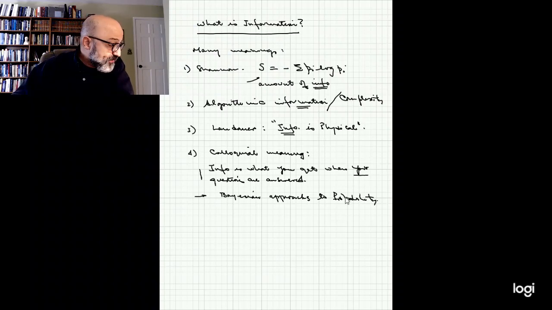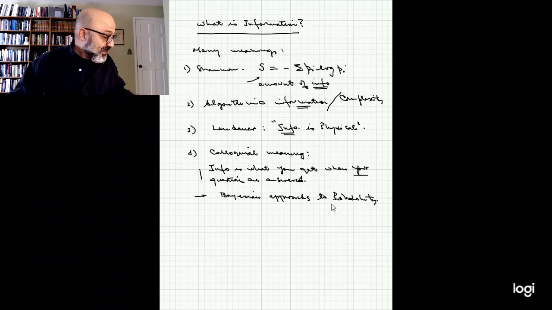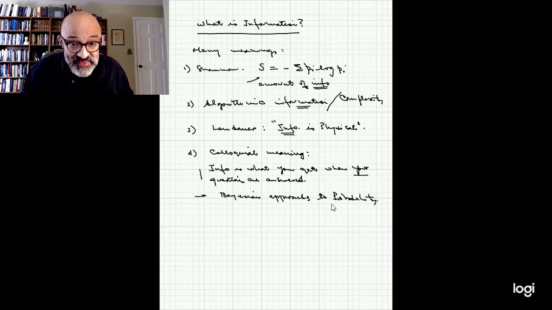So what is information? Information is what you get when your questions are answered. Very good. What we want is a notion of information that is closely connected to the way ideally rational agents behave.